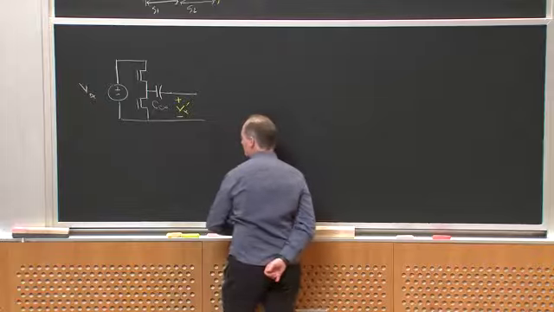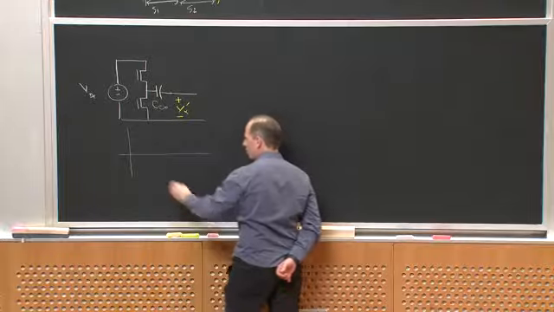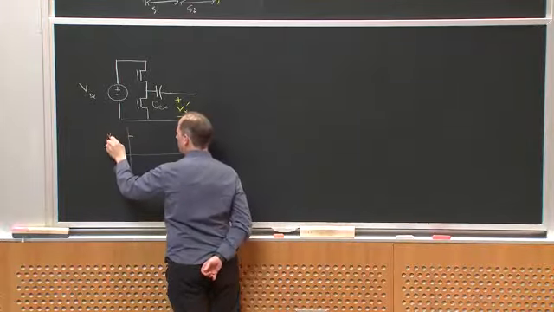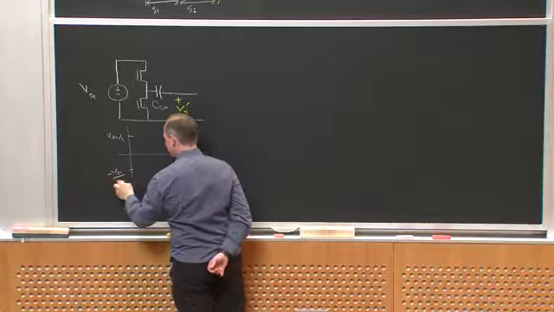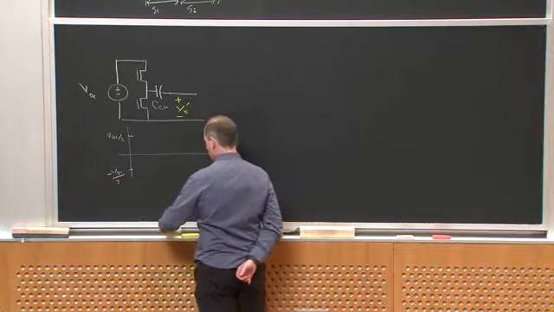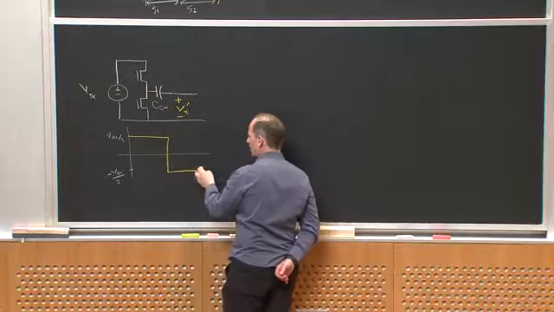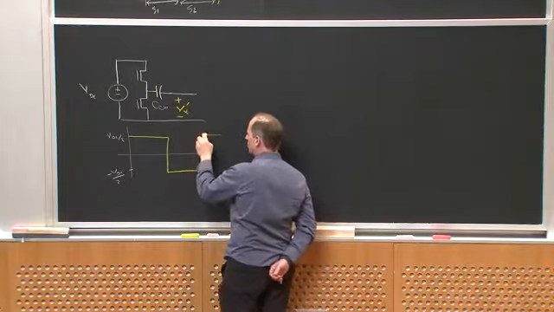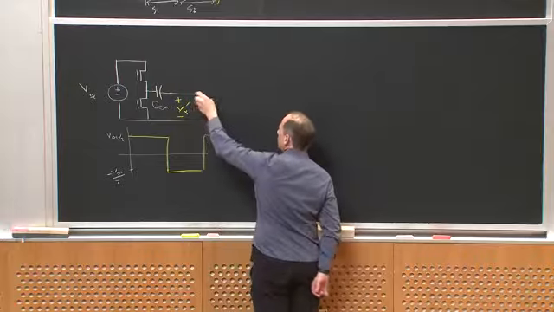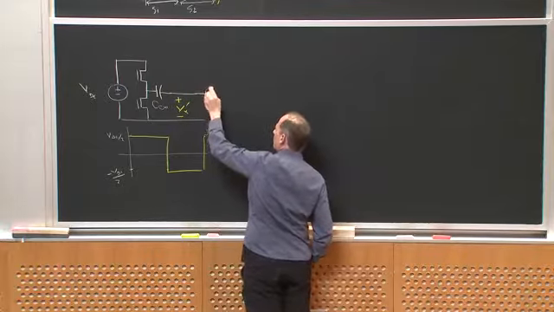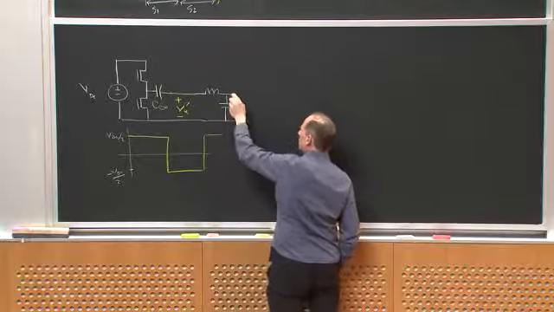Okay, Vx prime is again just going to be a square wave, and it's going to go between VDC over 2 and minus VDC over 2. So I'm putting a blocking capacitor in there just to extract out the AC component, which I'm using to drive the network. Okay, and then here's my parallel resonant network.